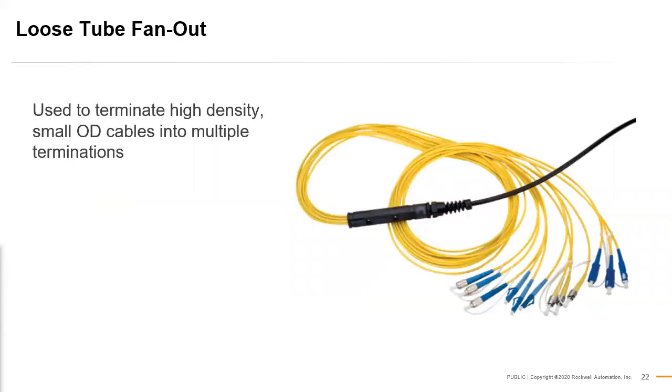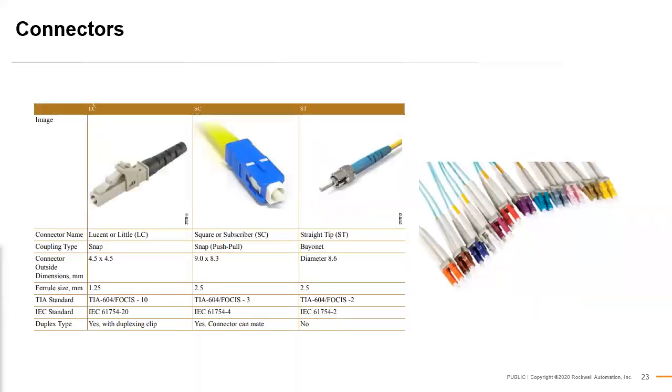Anytime you're doing some of the loose tube stuff, you typically end up needing a fan out kit, where you basically have a splice connection in the middle, and it allows you to go out to individual connections from there. Most of our suppliers produce these, and we have different variants of them, but it's an additional piece that typically needs to be done on a loose tube fiber. Especially if you're doing direct termination.